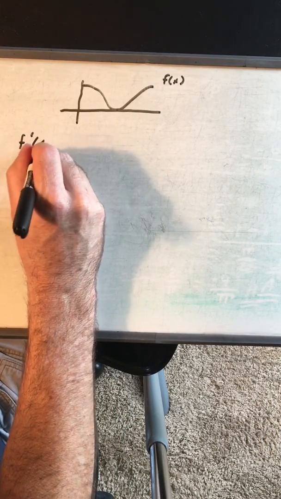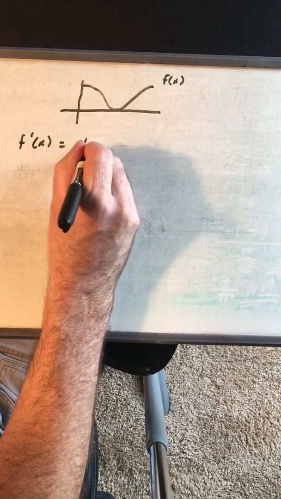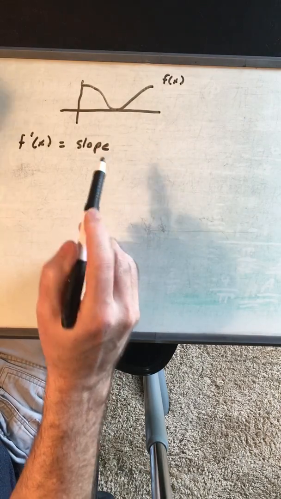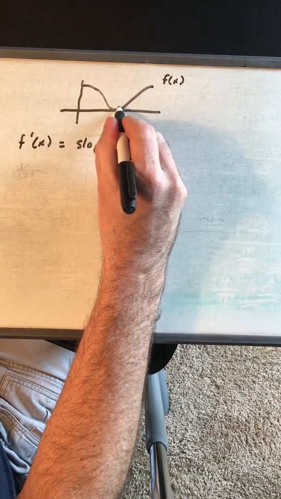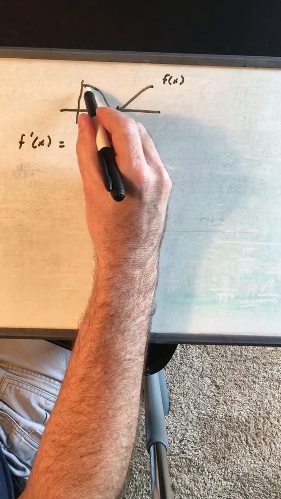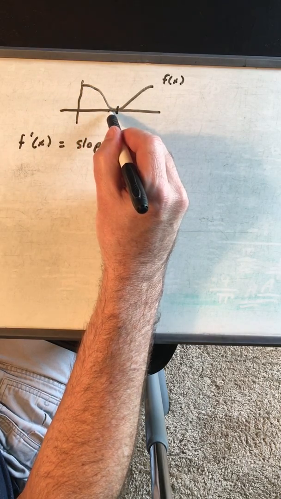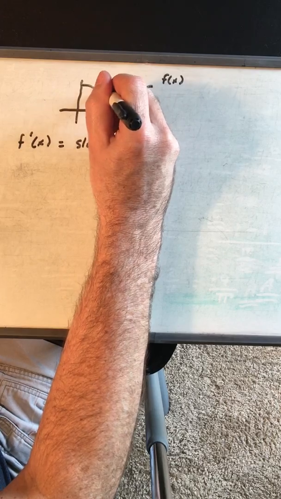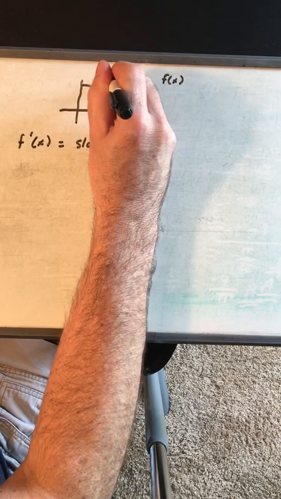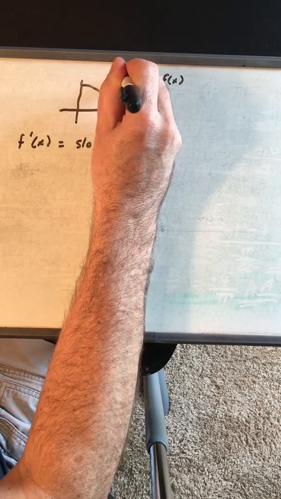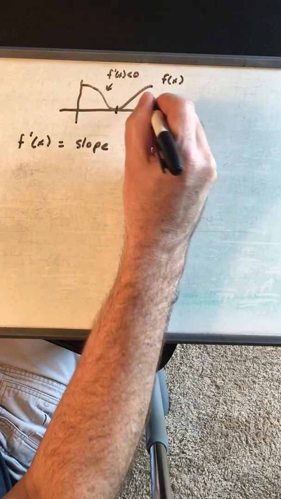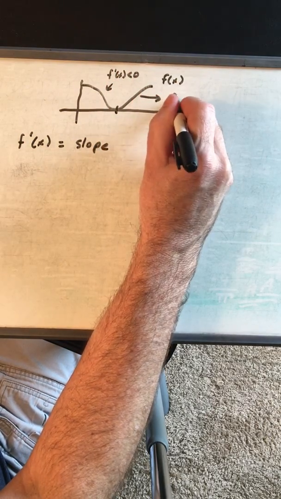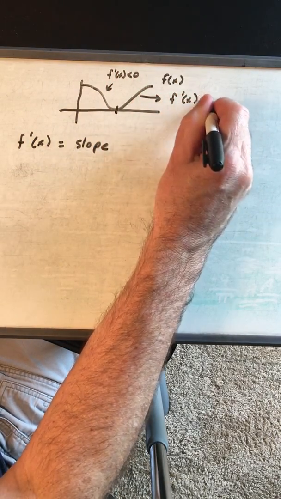F prime of x is slope. So the slope until this midpoint is negative, which means f prime of x on that part is negative. And on this part, the slope is positive, so f prime of x is positive.